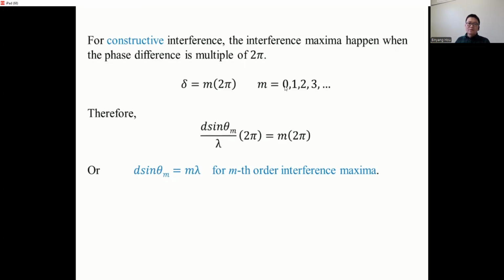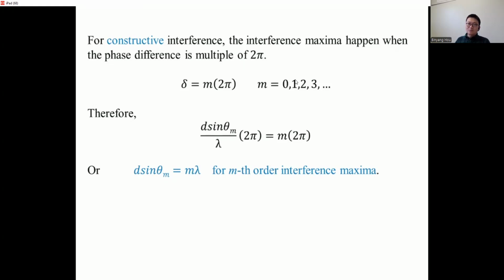For m equal to 0, you see the bright interference at the center of the screen. When m equal to 1, you see the first bright interference maximum aside from the center.